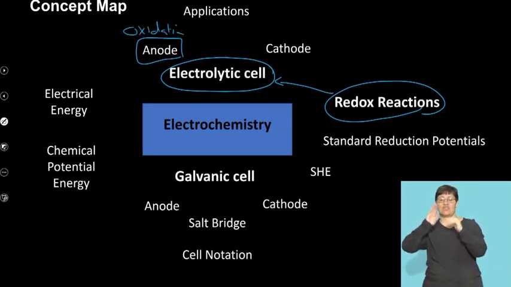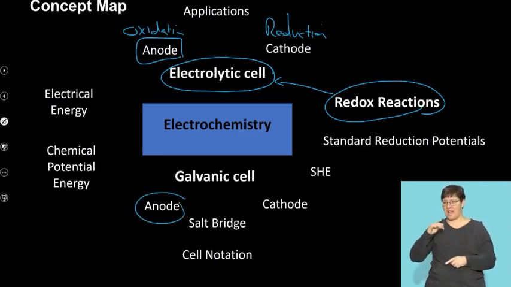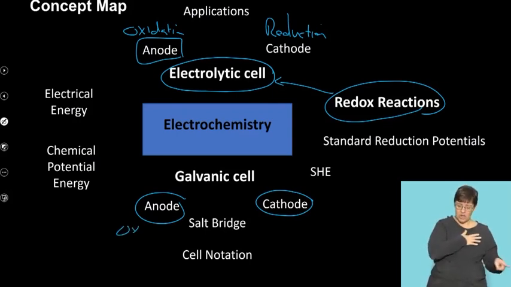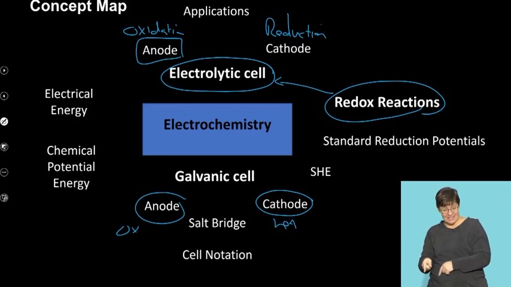At the cathode, there is reduction taking place. But there is something slightly different to the galvanic cell, which was exactly the same in the sense that the anode was oxidation and this was reduction. But in the galvanic cell, this was the negative electrode and this one was the positive electrode.